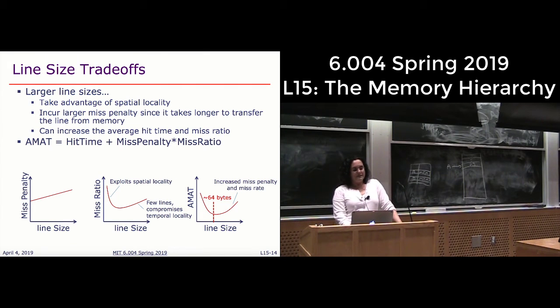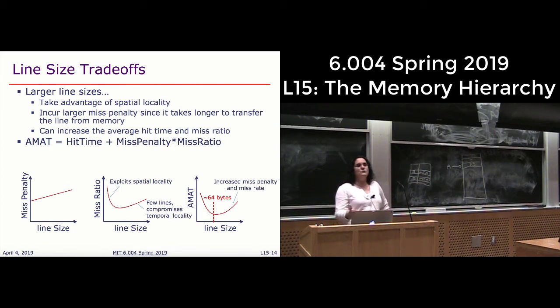What about our miss ratio? Well, as we increase the number of words, initially our miss ratio goes down because we take advantage of the spatial locality, where we brought in things that were nearby, and now they're in my cache when I try to fetch them. However, if I make my line size too big, then I'm going to eventually be in the situation where I have too few lines, and now I'm going to get diminishing returns from my temporal locality, and as a result, my miss ratio is going to start to go up.